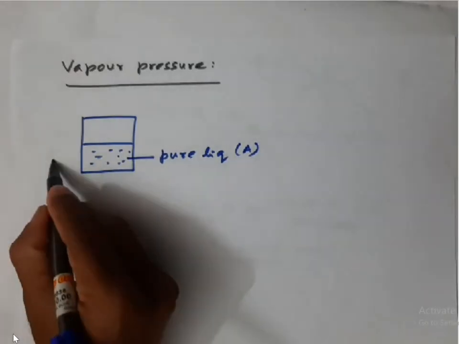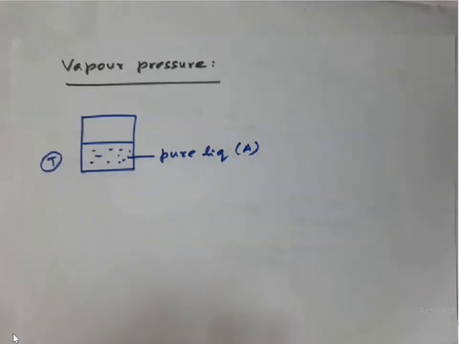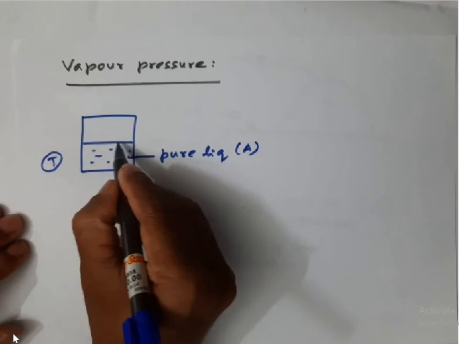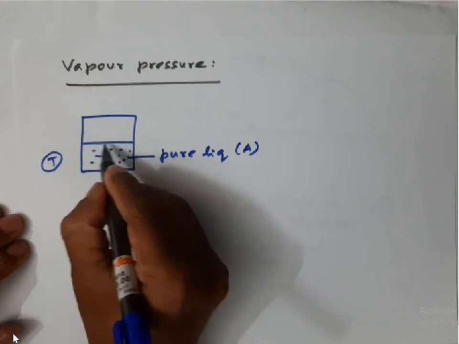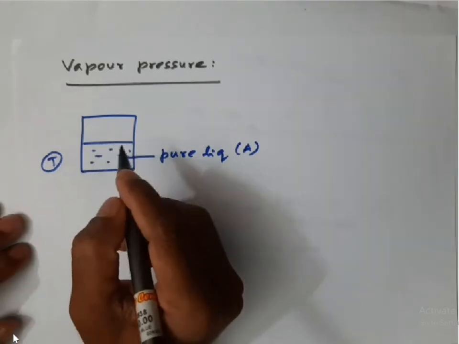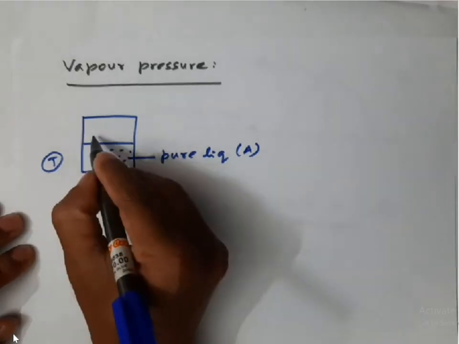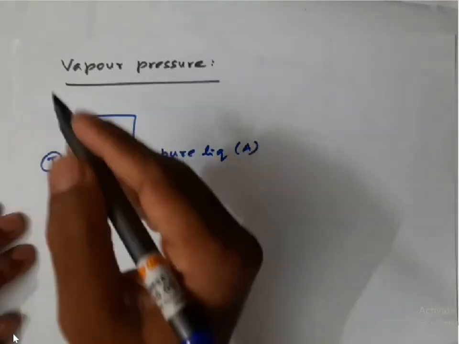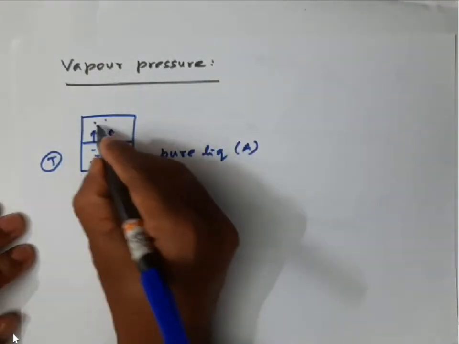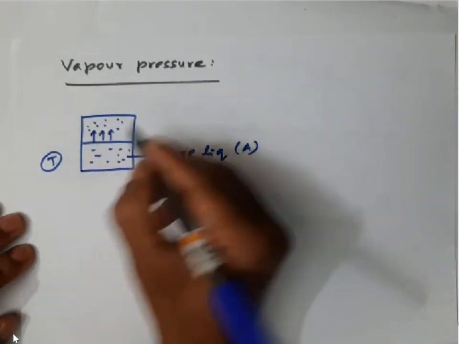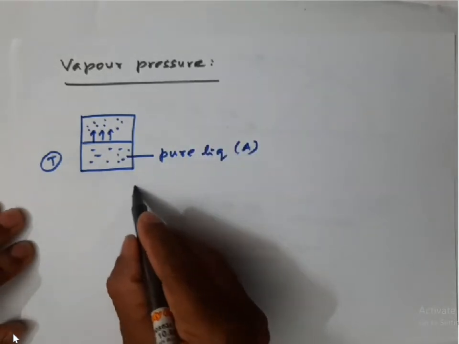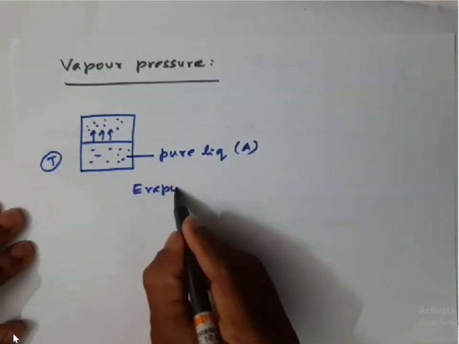Now at a given temperature T, or at constant temperature T, the molecules present on the surface of the liquid will escape from the surface and reach the empty space that is available here. This process is what we call evaporation.